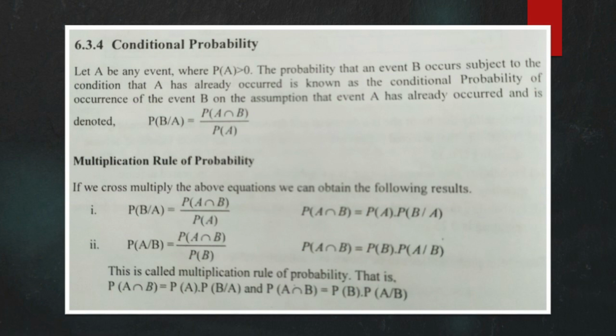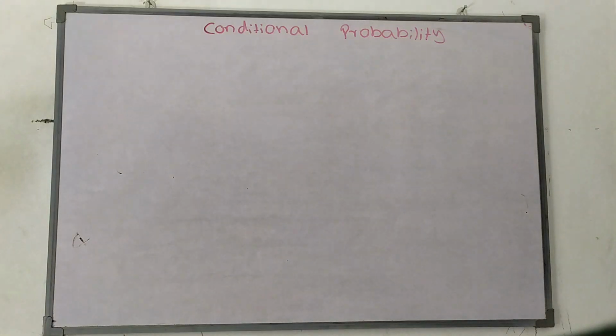The probability that an event B occurs subject to the condition that A has already occurred is known as the conditional probability of occurrence of event B, on the assumption that event A has already occurred, and it's denoted by P(B|A) equals P(A intersection B) over P(A).